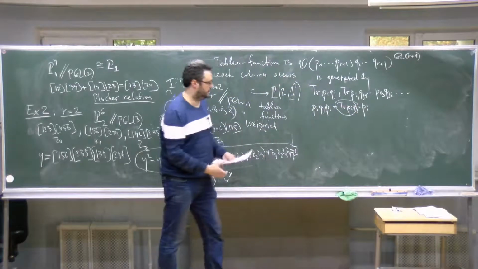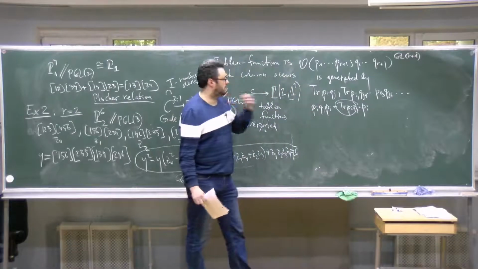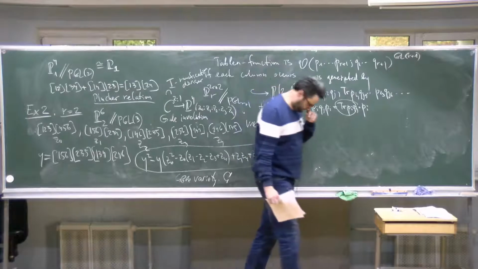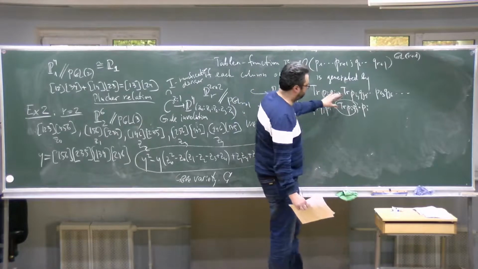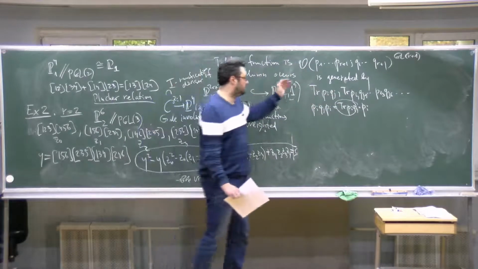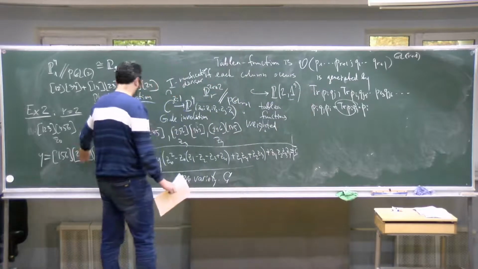So we can get a smaller number of these traces. So what do these traces mean in terms of this tableau function?